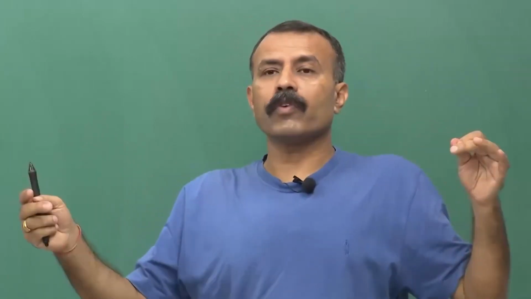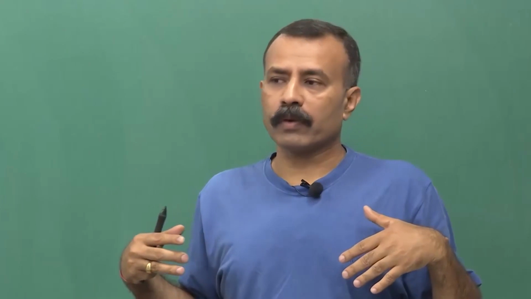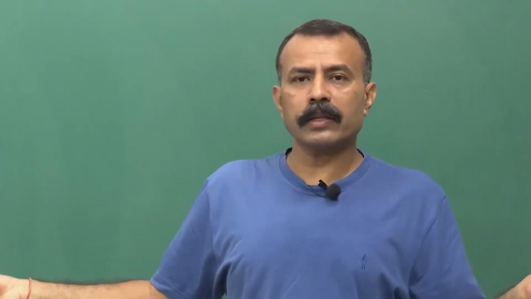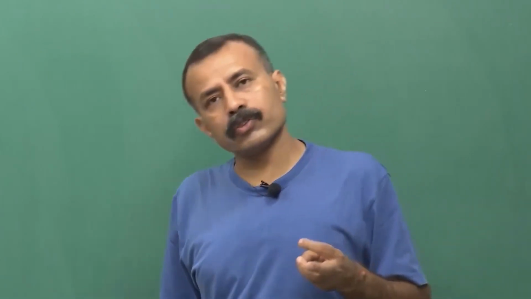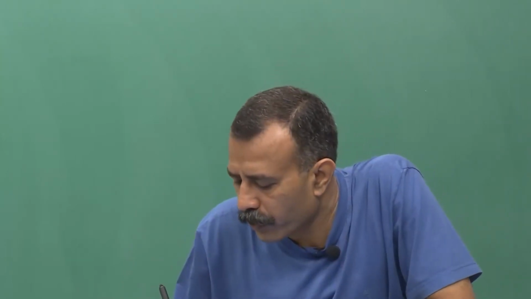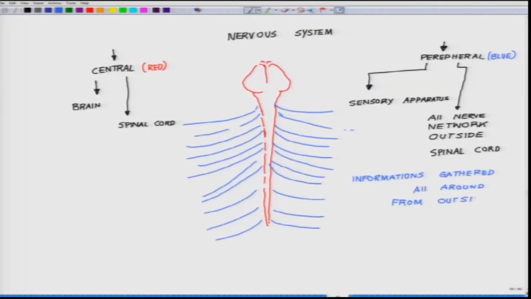So, any information coming from them, whether it is coming from the lungs, whether it is coming from the gut, whether it is coming from any other internal part of the body, that also falls under outside information gathered all around from outside spinal cord and brain.